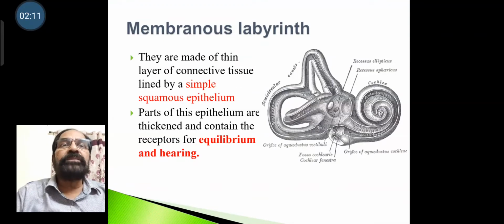They are made up of a thin layer of connective tissue, and they are lined on the inner side by simple squamous epithelium. This epithelium is thickened at certain parts and helps as receptors for equilibrium and hearing.